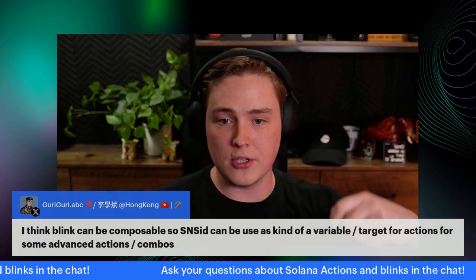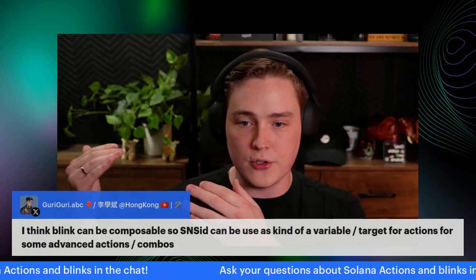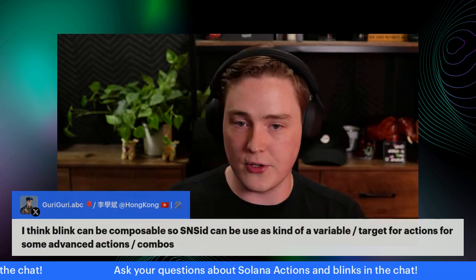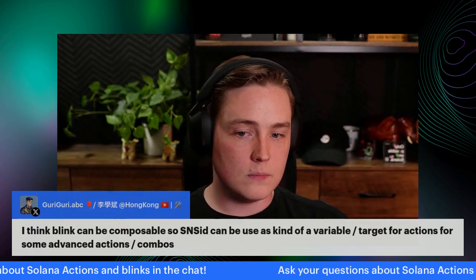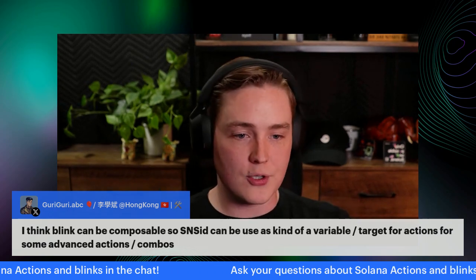You could send an additional transaction on your backend server, and then send different transactions to the user as well. So if you need to execute some logic, like execute a crank transaction to crank an order book, you can facilitate that user experience. You can automate the crank on your side, and then send the user their transaction to do whatever it is that they're doing, minting an NFT or voting or whatever. So yeah, it's the beauty of blockchain. It's composable. You could do anything you want with a Solana transaction, and you can do that with a Blink and an action.